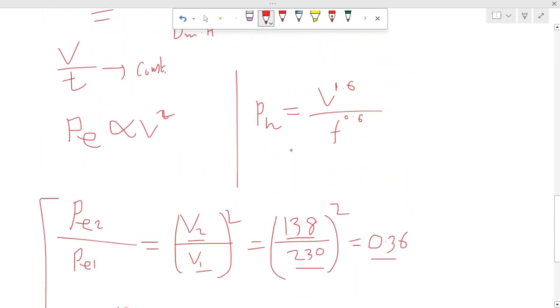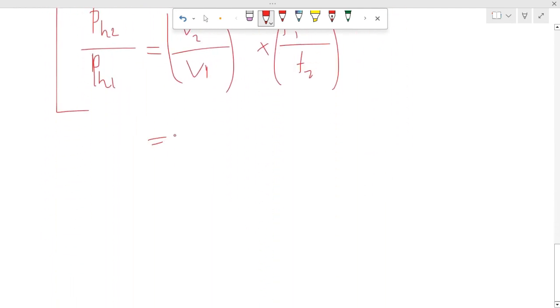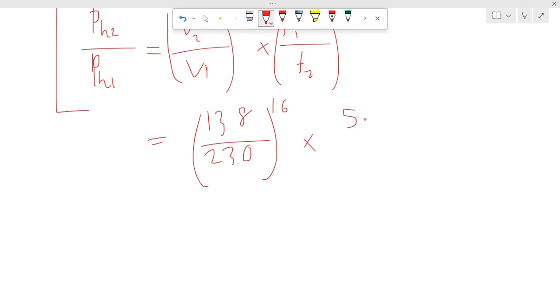Putting in the values, we write 138 divided by 230, the secondary over primary voltage, to the power 1.6, multiplied with 50, the primary frequency, divided by 30, the secondary frequency, to the power 0.6.